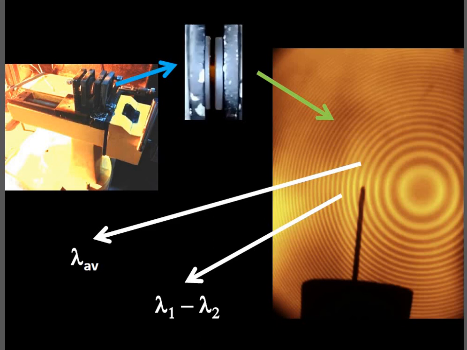Now if the gap is fixed, then we call it a Fabry-Perot etalon. And if the gap can be mechanically varied by keeping, say, one mirror fixed, then moving the other one, then this instrument is known as an interferometer.